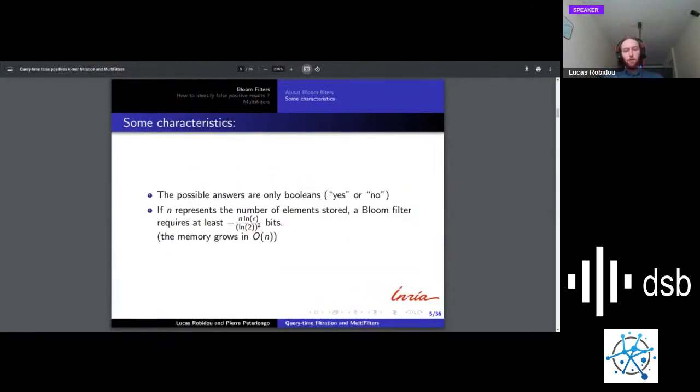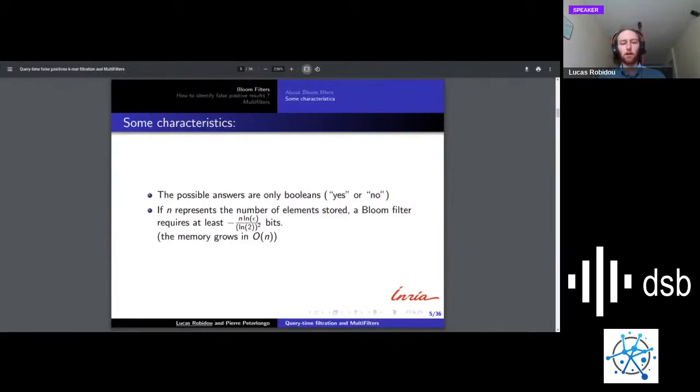So some characteristics of Bloom filters. The only possible answers are Boolean, yes or no. You don't have maybe yes, maybe no, no possibility of having a probability attached to your response. And we can't count k-mers as integers, it's only Booleans.